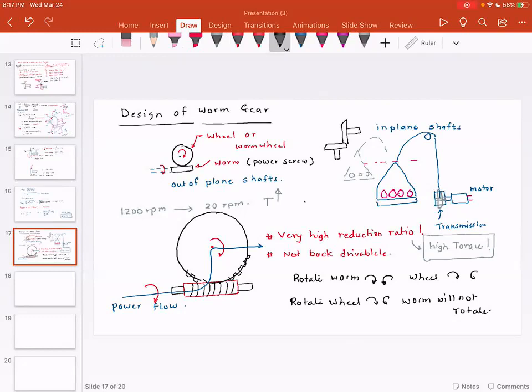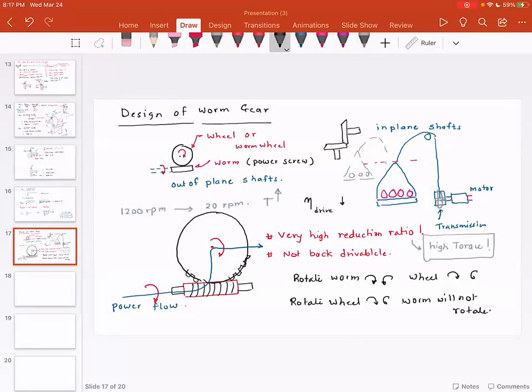So these are the typical advantages of worm gear. But unfortunately, the efficiency of the drive is low. That means there is a significant amount of friction and power loss in worm wheel drive. Because they have low efficiency, they generate significant amount of heat.